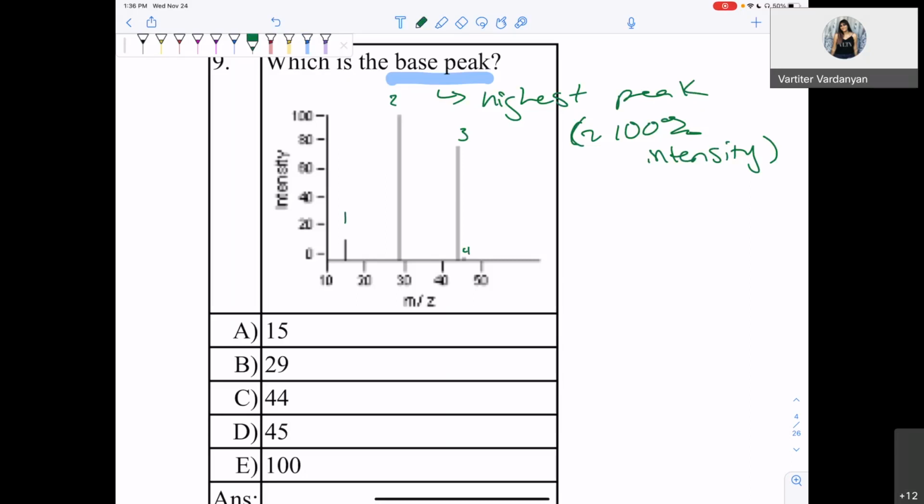Which one? Number 2, cool. And so even though you can hardly tell, this says 30. So we're looking for one that's ever so slightly less than 30. My safest bet would be B. Cool.